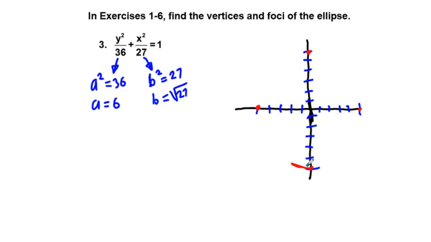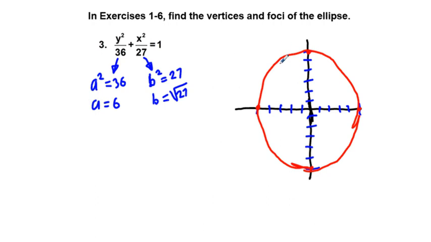Just drawing an ellipse, it's going to go like this. Now, this is a vertically oriented ellipse in that it's going to be elongated along the vertical, as opposed to problem 1 where the elongation occurred along the x-axis.